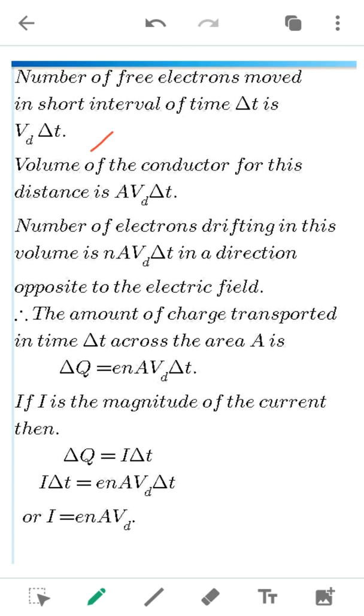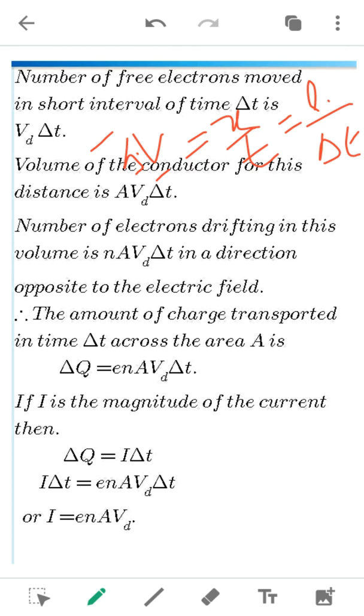We know that velocity is equal to displacement by time taken. Displacement here is the length and time is delta t. Therefore the volume of the conductor can be taken as follows: L will be one dimension, that is the length.